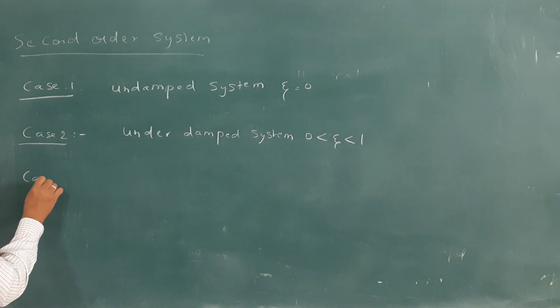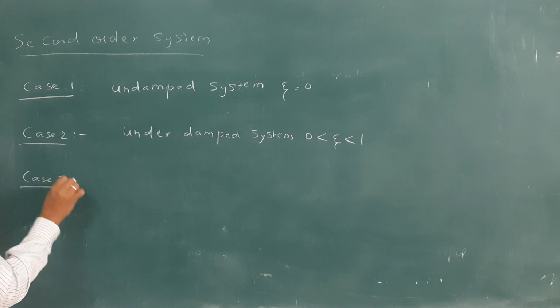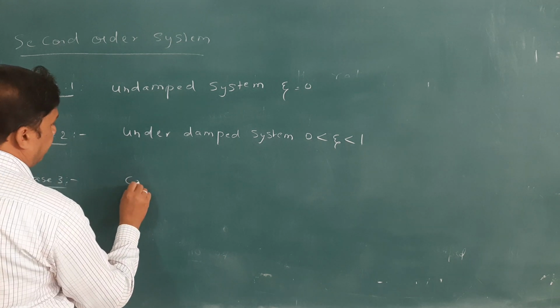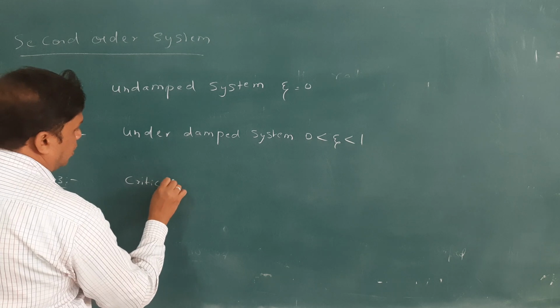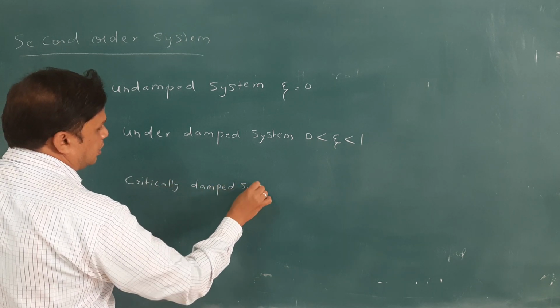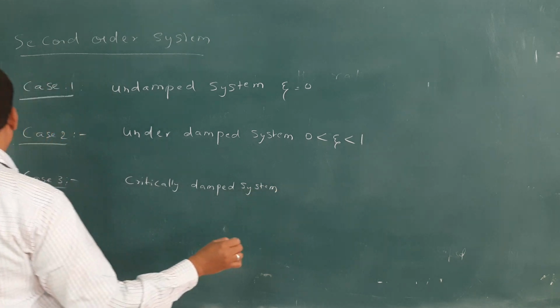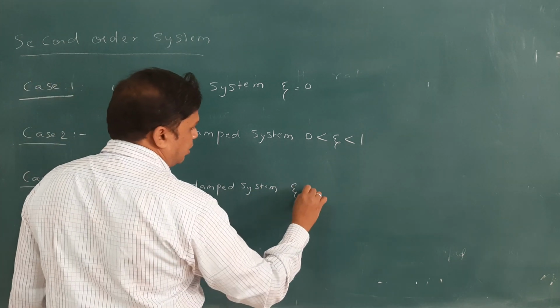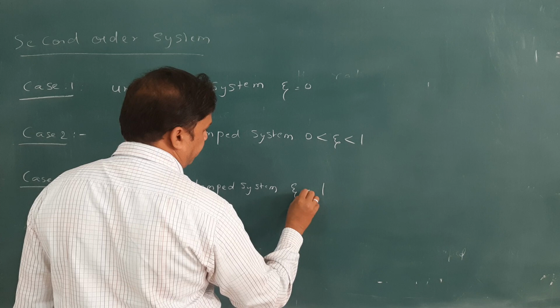Next, case 3. Critically damped system. So the value of zeta is equal to 1.